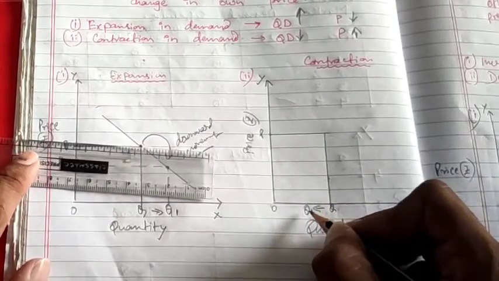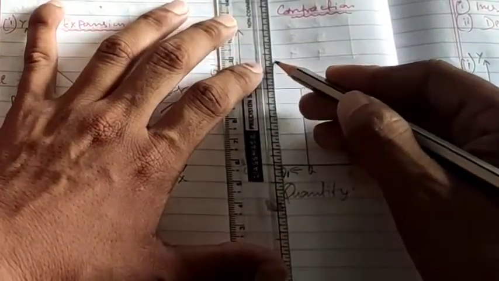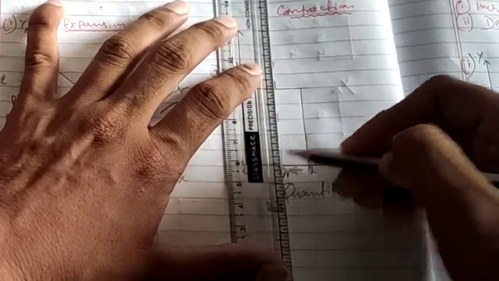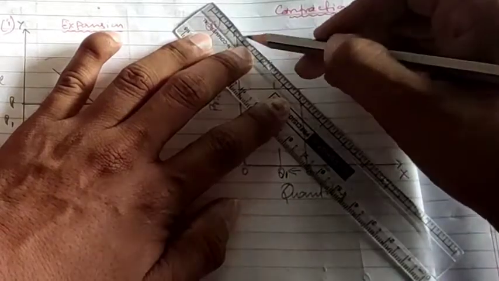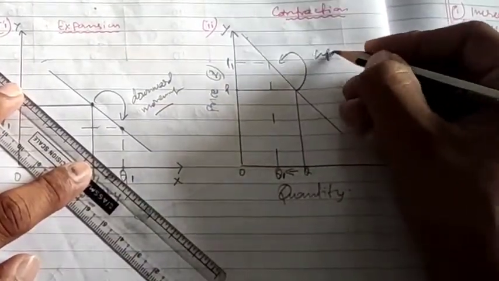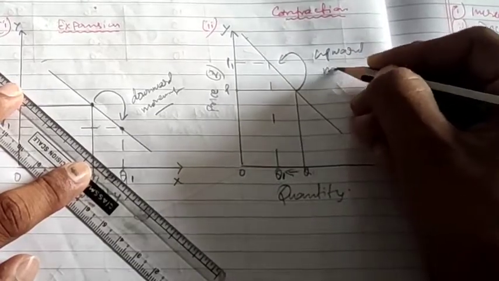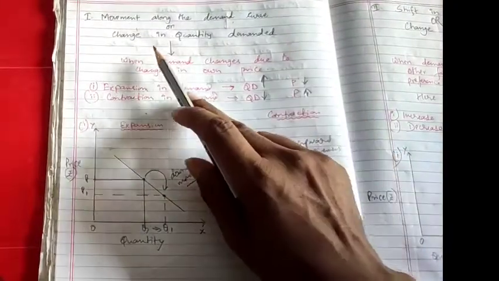When quantity is decreased, what happens to price? Price increases as per the law of demand. So we'll join these points, and we get one demand curve. So you can see here, in contraction we have an upward movement. Clear? So this was the concept of movement along the demand curve, that is change in quantity demanded.